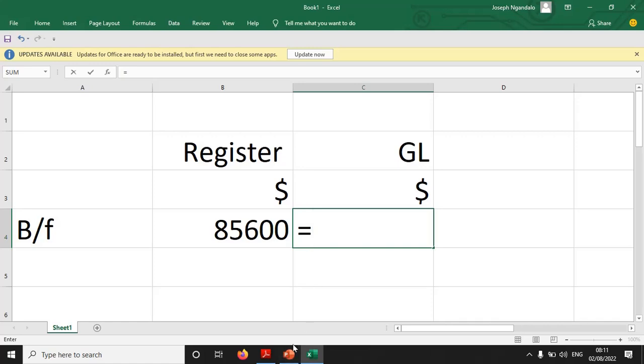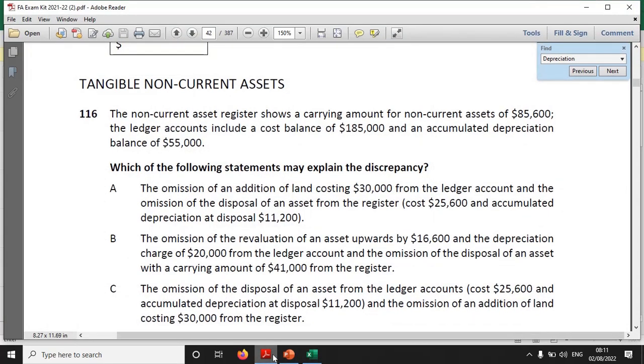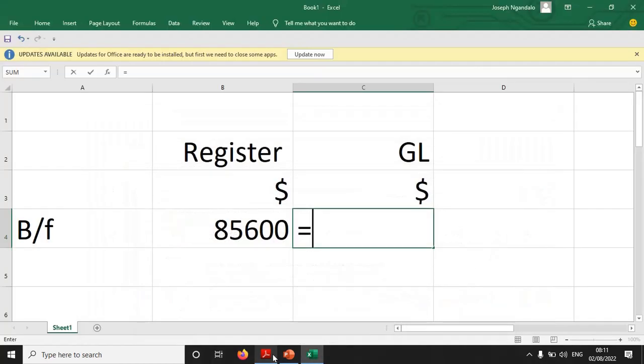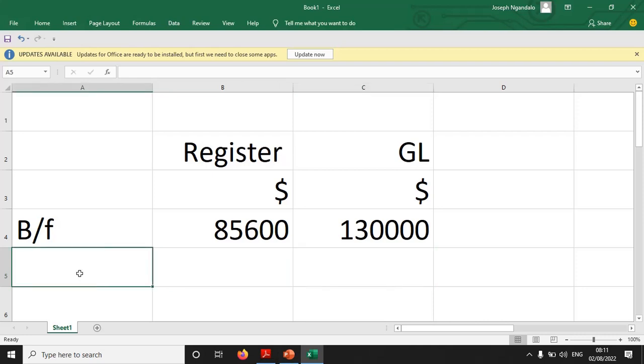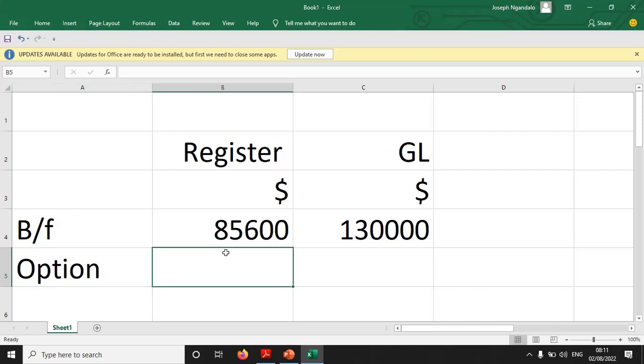Somebody say 130. The difference of 185 and 55. 185,000 minus 55. Okay, I'm getting a 130. So let us try option A. And the option that reconciles is the one to pick, isn't it?